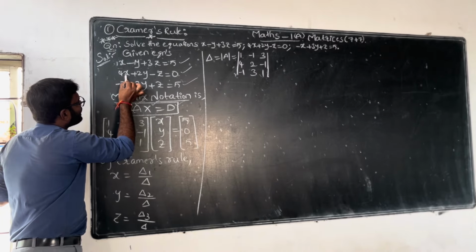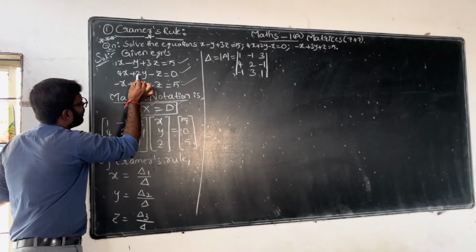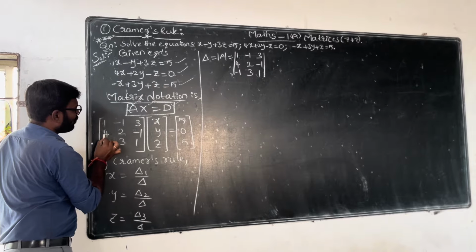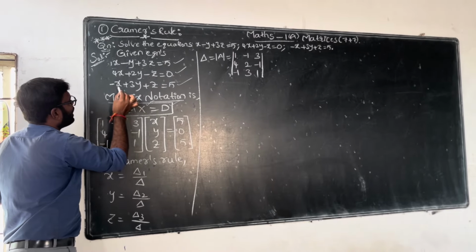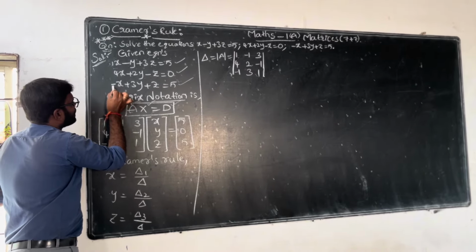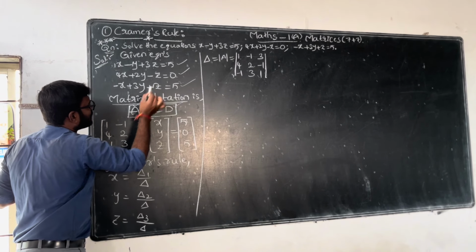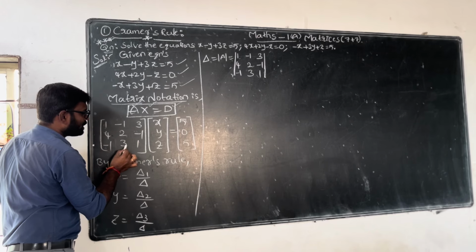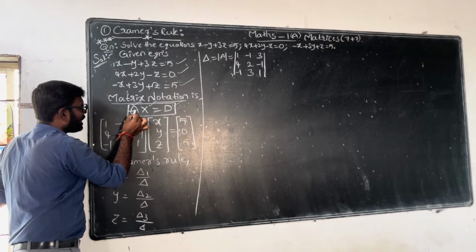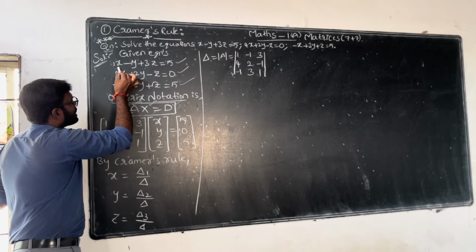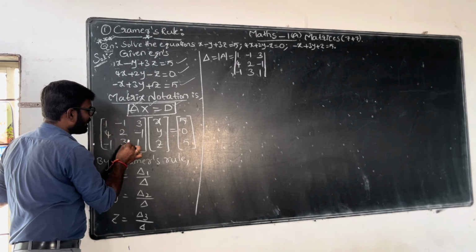According to the second equation, coefficients 4, 2, minus 1. According to the third equation, coefficients minus 1, 3, 1. So that is the A matrix, the coefficients of the x, y, z variables.